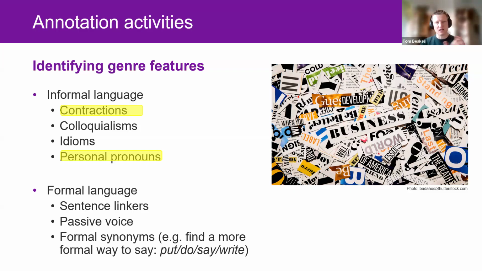And I think the synonym task is a useful one where you might, for example, look at a text and identify some quite formal language in there that could have much simpler synonyms. So then you can write them a simple task that says, okay, within this text, can you find two more formal ways to say the word put or do or write?